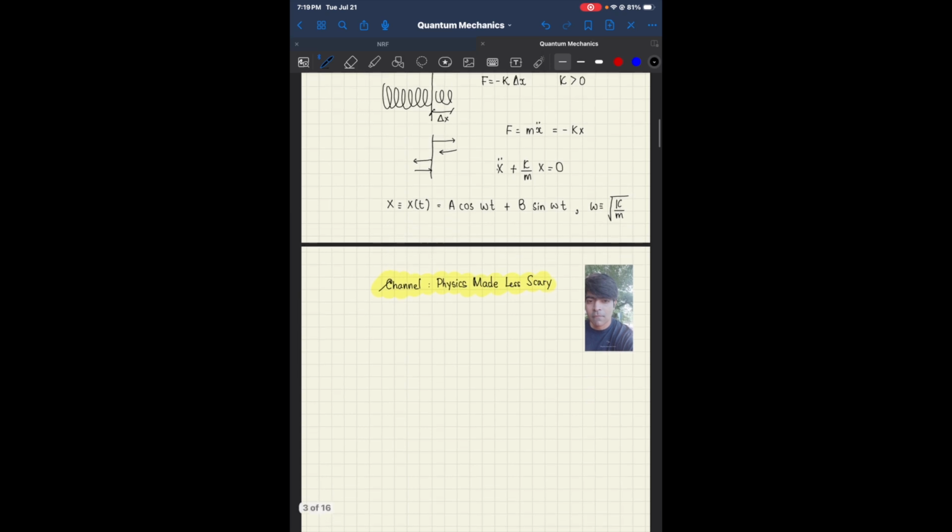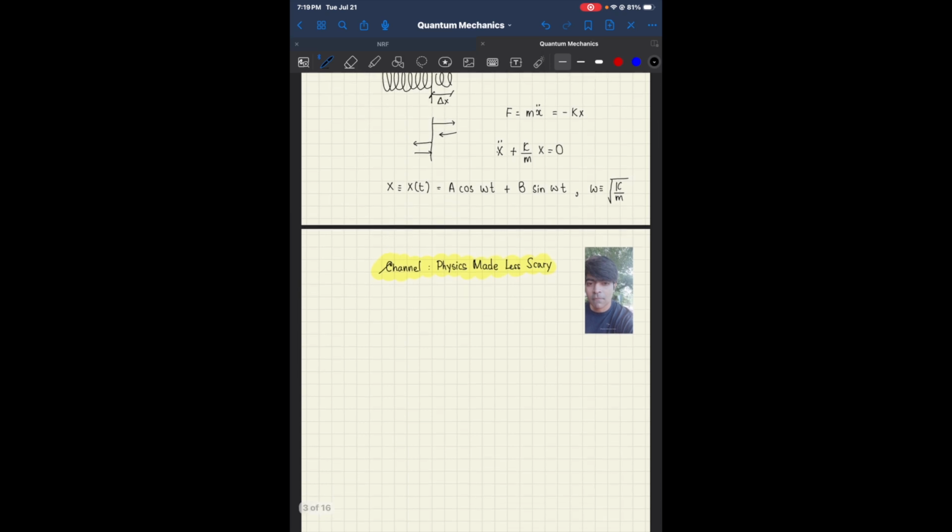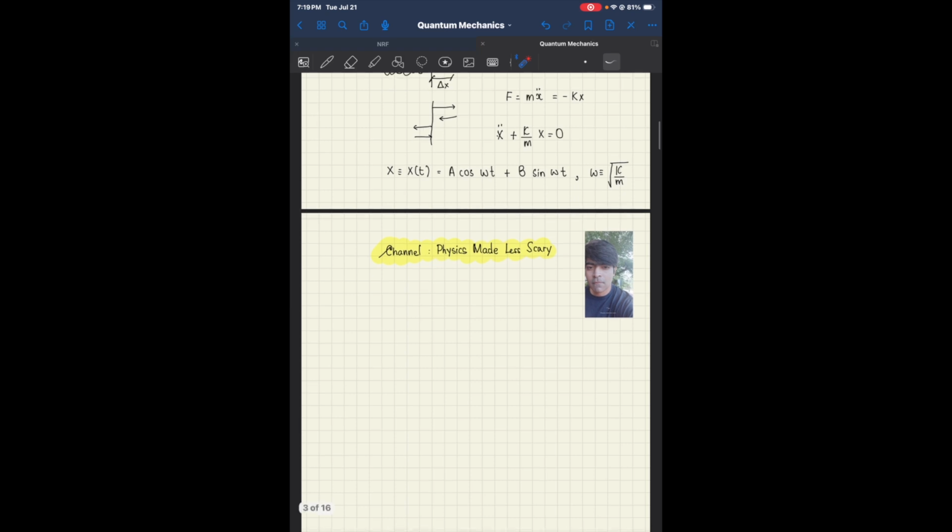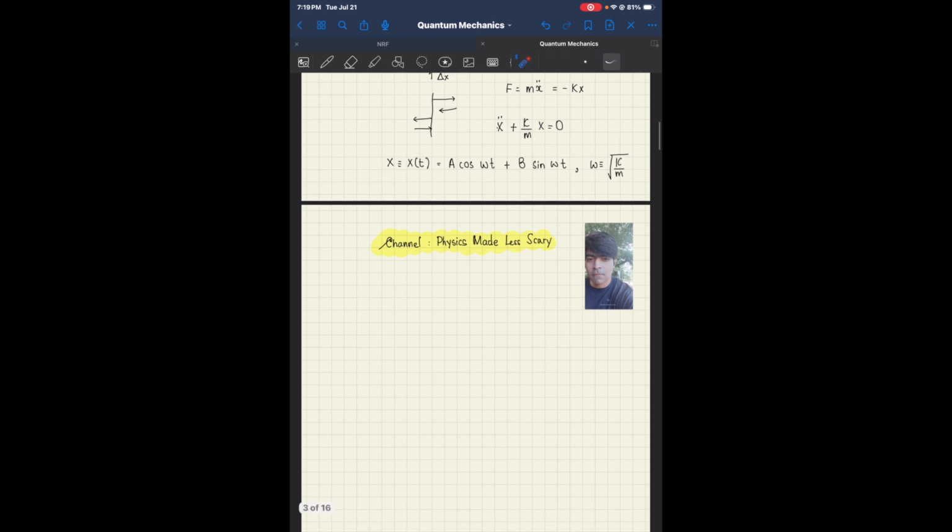Why is this a solution? Well, simply plug and chug. Take the solution, take its double derivative, and you will see that this equation is satisfied. So this is the equation of motion of a spring, and this is also called a simple harmonic motion or a simple harmonic oscillator in classical mechanics.